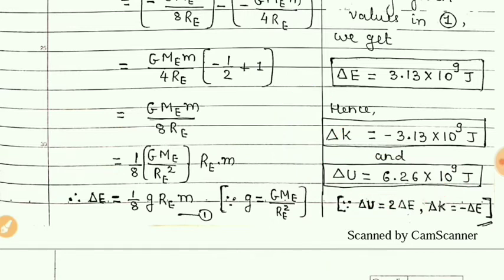So I hope you understood. Here I have written that the change in potential energy is equal to double the change in total energy, and the kinetic energy is equal to that of the total energy, but with the opposite sign.